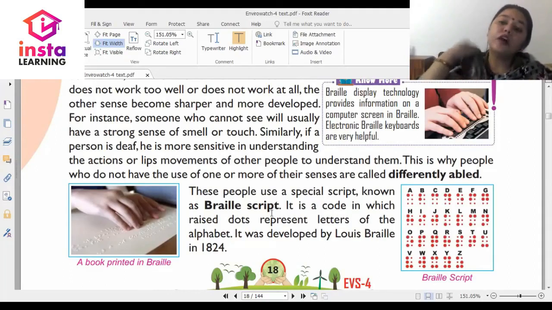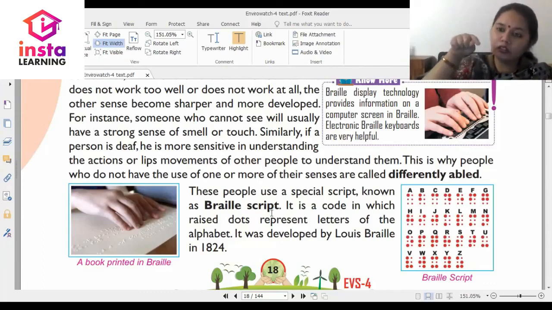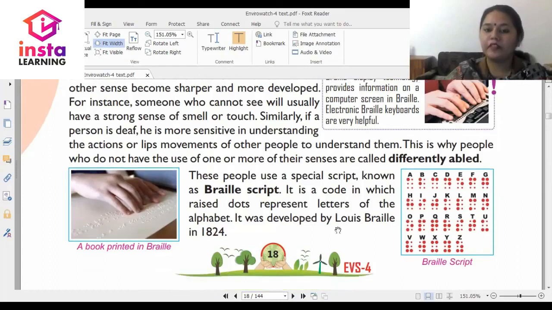So these people who are visually differently abled move their finger on those dots and they are able to understand the alphabet. You can see this Braille script which is drawn here, showing the formation of different alphabets.